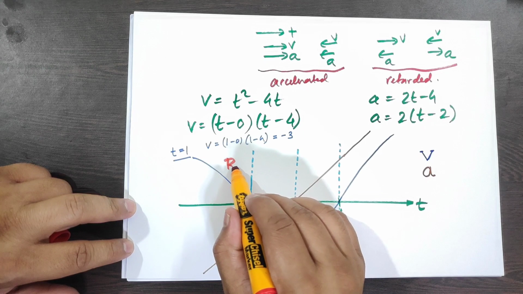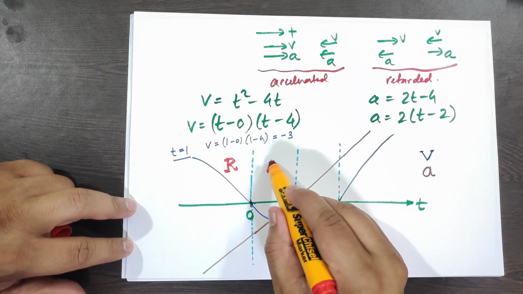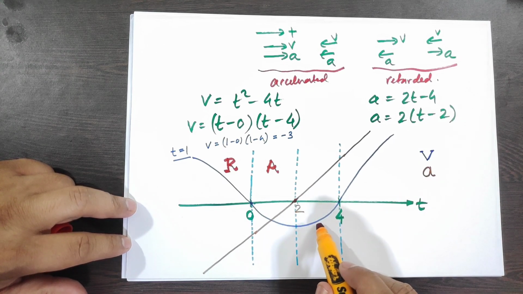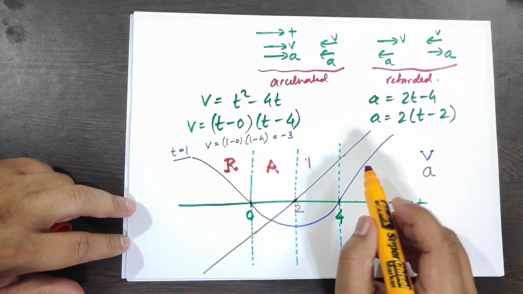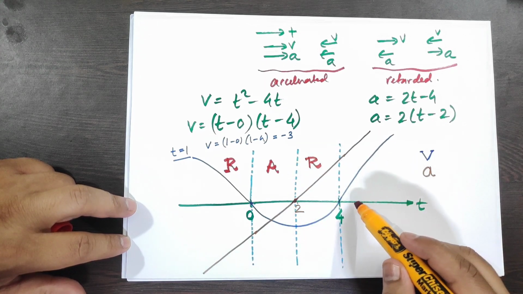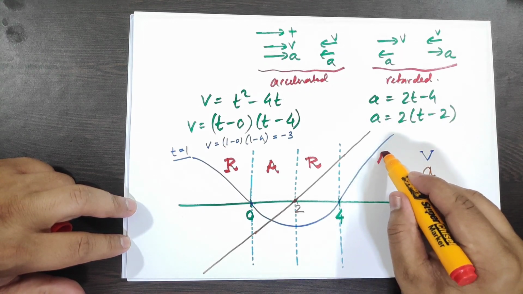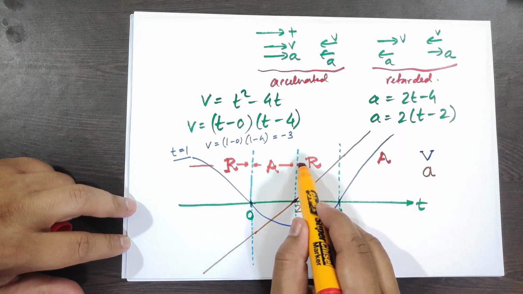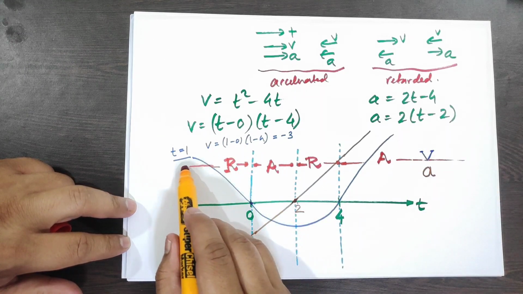So R for retarded, and here from 0 to 2, A is negative and V is negative, so this is accelerated. Now here from 2 to 4, V is negative and A is positive, so that is retarded, and more than 4, both are positive, so it is accelerated. So that is the interval in which particle is accelerated and retarded motion.